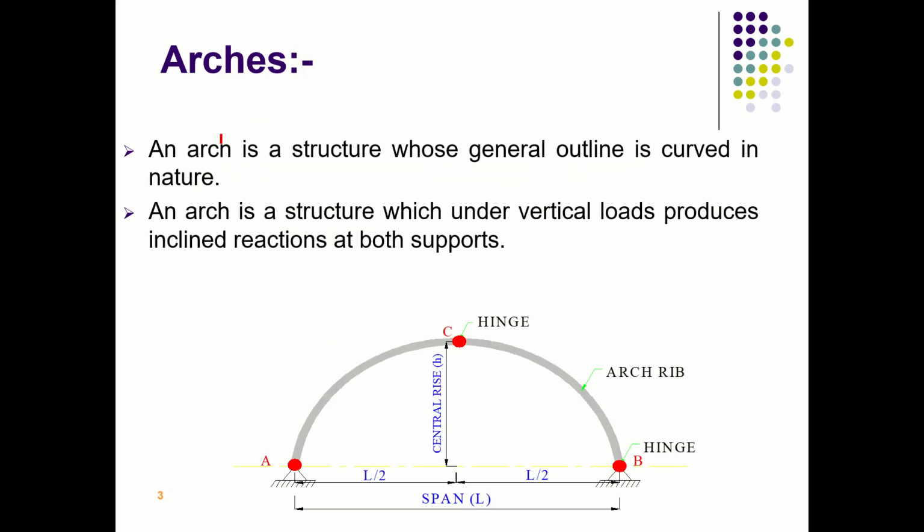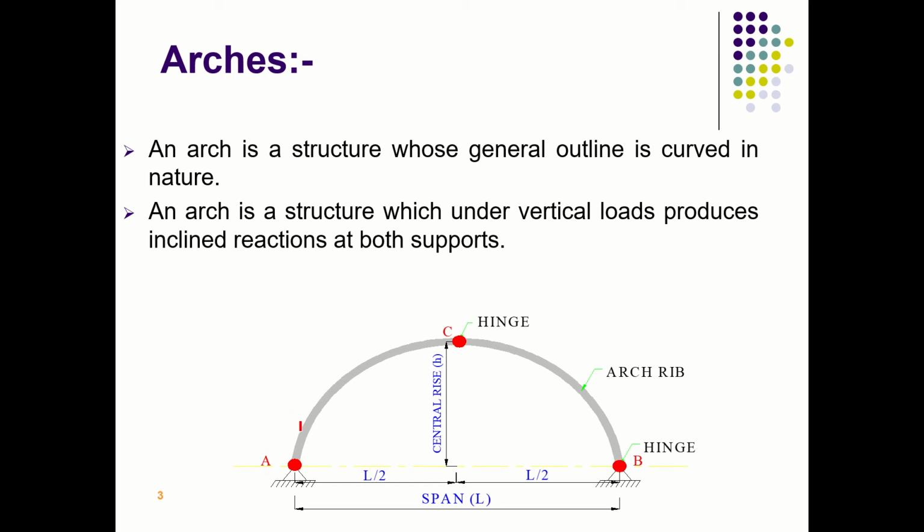Arches. What is an arch? An arch is a structure whose general outline is curved in nature. So this is an arch, you can see, and its general outline is curved. Till now you have discussed beams, columns in a rigid frame structure, and elements of trusses. All of them were straight, right?